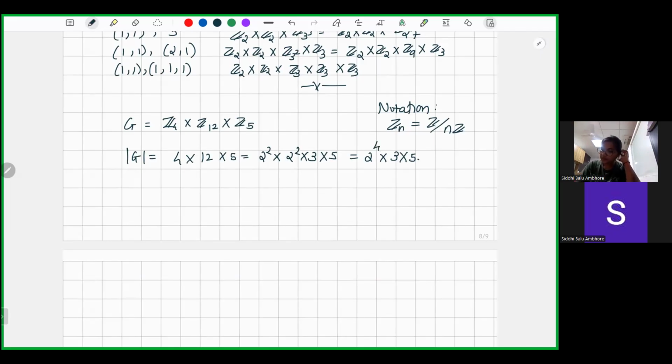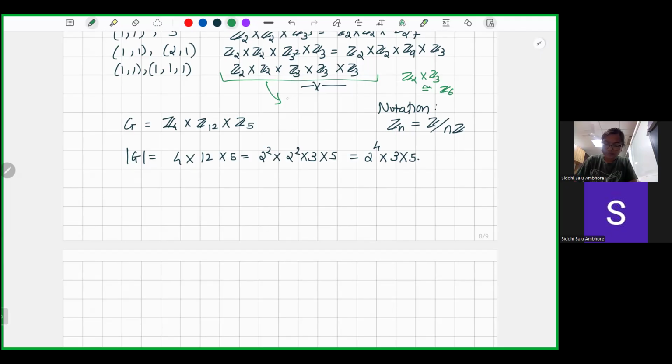Now one thing you can observe here is that when I write this group, note that this Z2 cross Z3 is isomorphic to Z6, right?